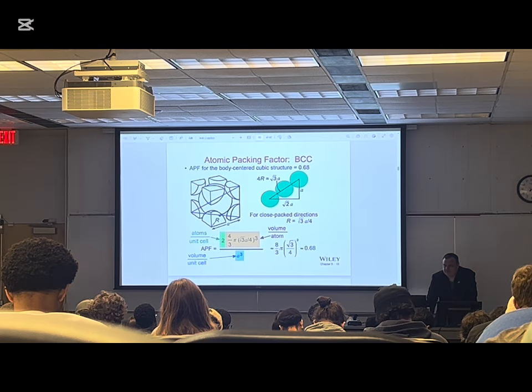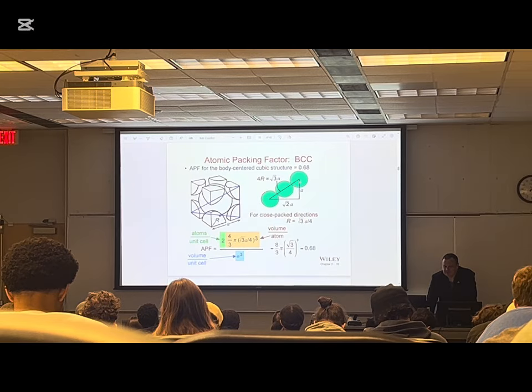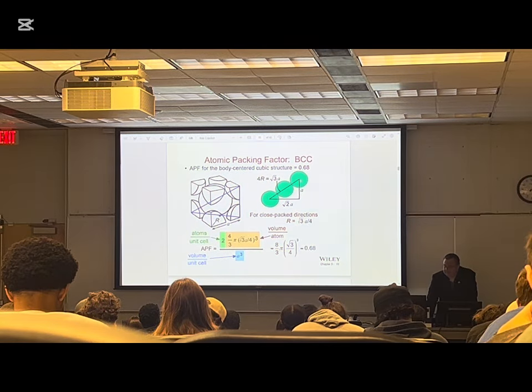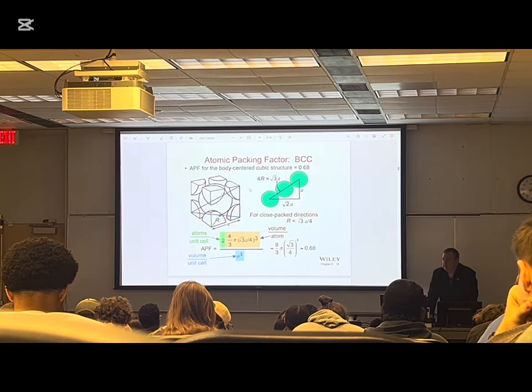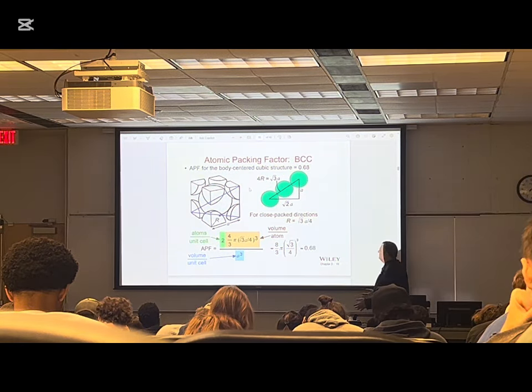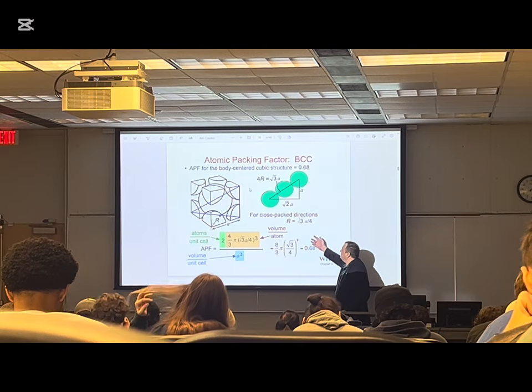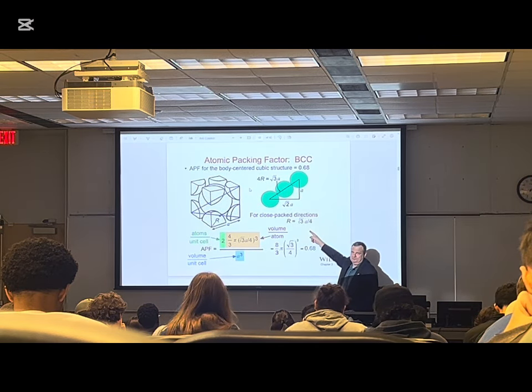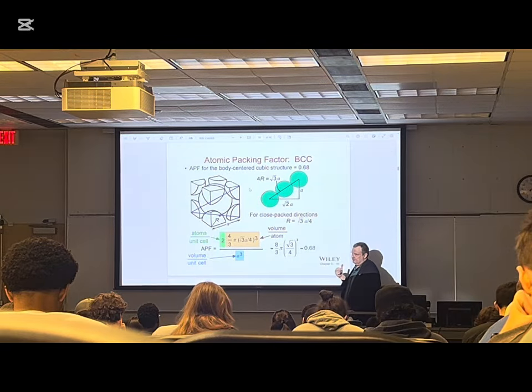That's how we get square root of 3 once we take a square root of that. Does everybody understand this part? Why this is square root of 3a? Okay. Does everybody see that this is 4r? 1, 2, 3, and 4. So we have this simple equation that 4r is equal to the square root of 3a. And then r is equal to the square root of 3a over 4. That is the radius of an atom.